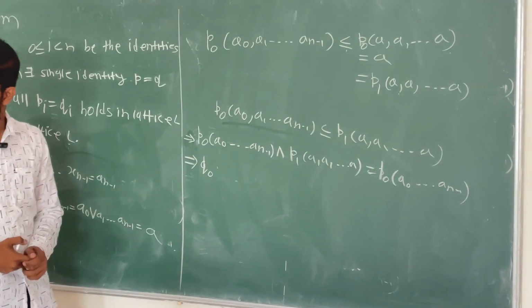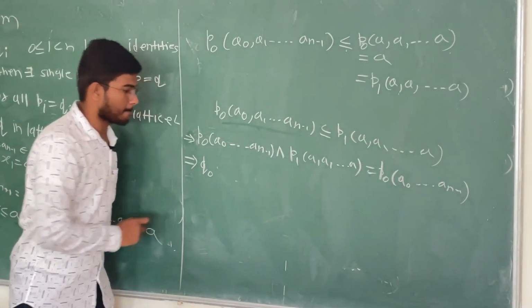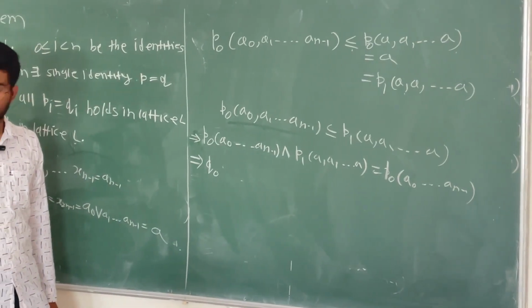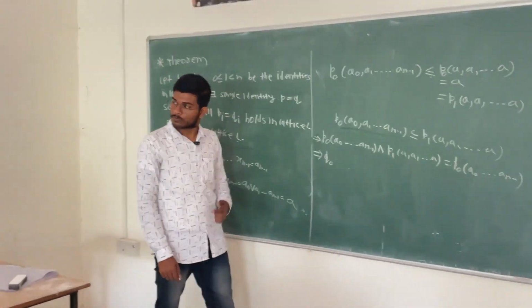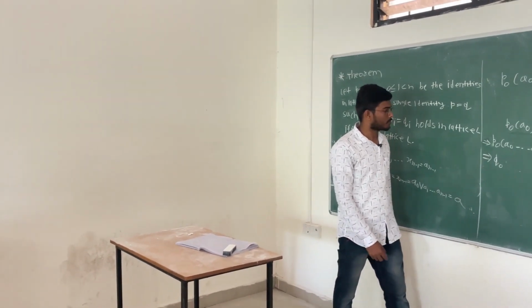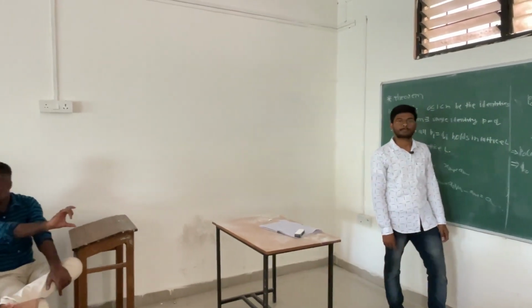So therefore this is the same as, one second, P of those values. Yes or no? But we know P is equal to Q. So therefore P of all those values is the same as Q of those values. Right? But Q is Q naught meet Q1. Are you following? So we are using P is equal to Q, right? And P is P naught meet P1, Q is Q naught meet Q1. Right?